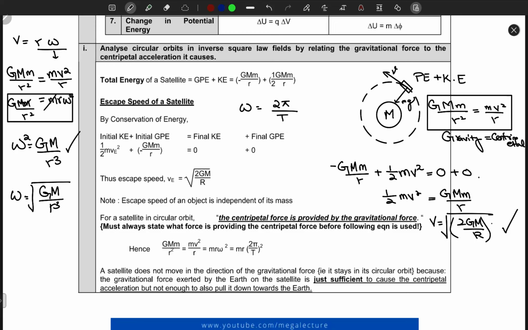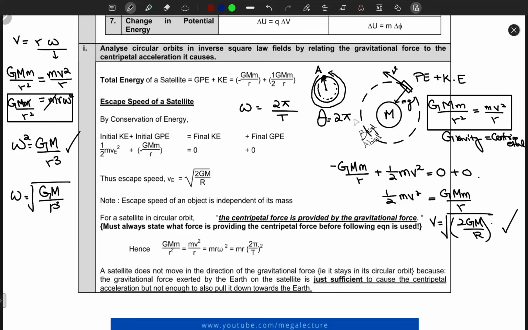And that comes from the fact that if something is moving in a circle, it starts its journey from point A. Let's take this vector pointing from the center to point A, and it moves in this direction and comes back to point A. So it has covered an angular displacement theta, which is 2 pi, because it has covered an angle of 360 degrees, which in radians is just 2 pi.